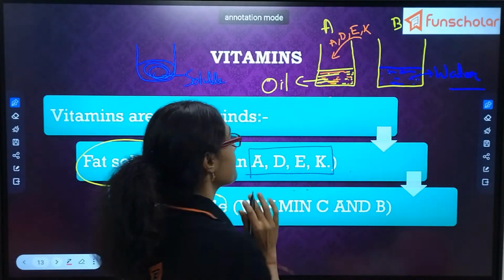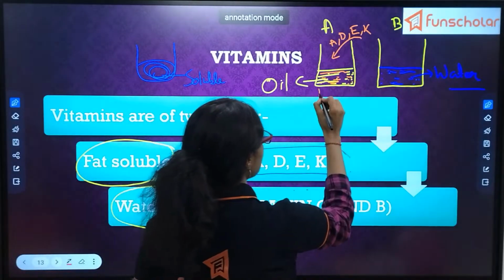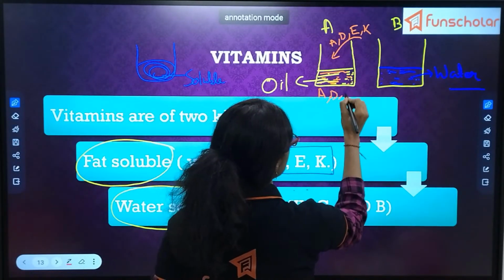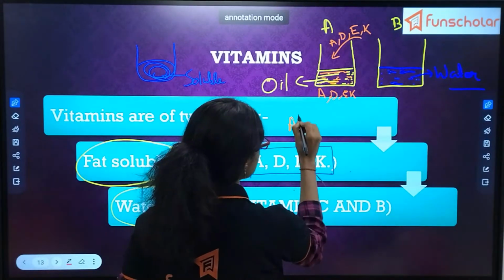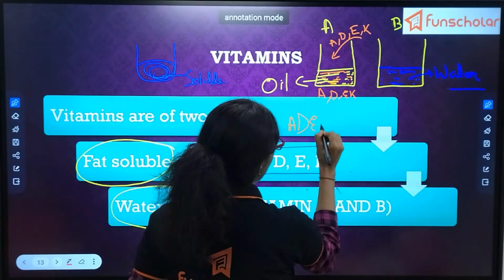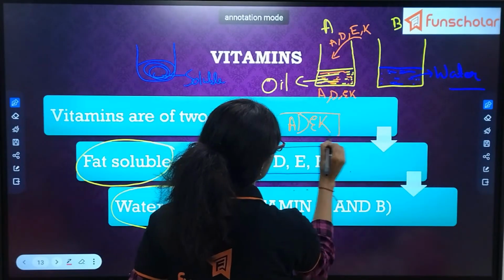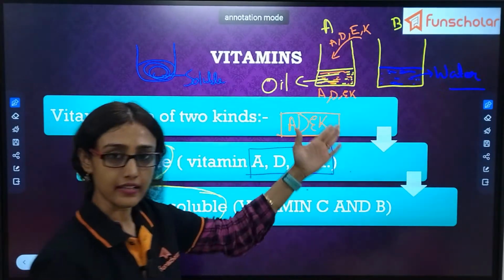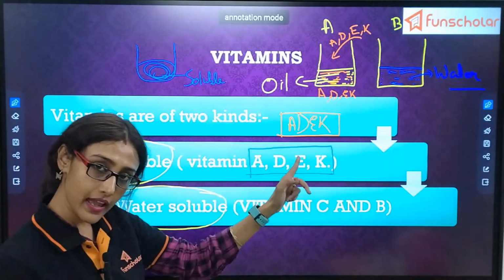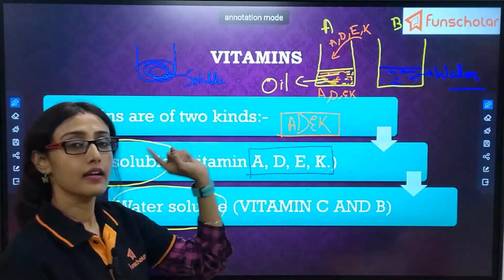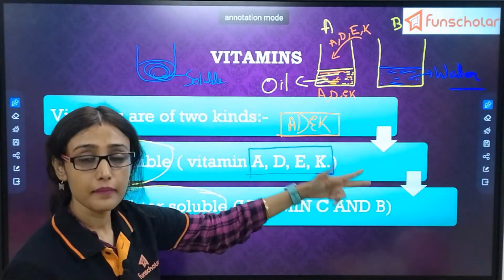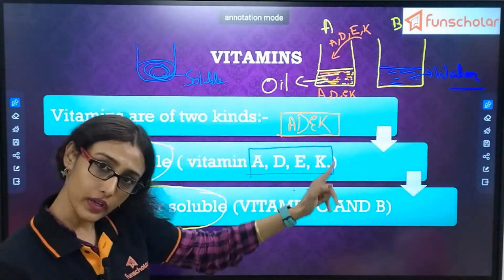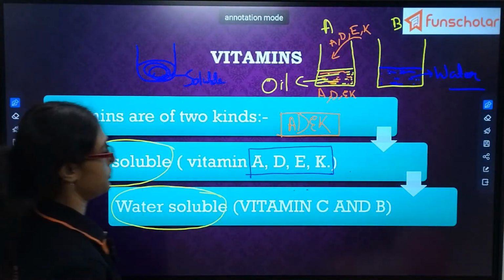So, oil or fat soluble vitamins will be A, D, E, K. What is the trick to remember? You will just read the name as ADEK. A for vitamin A, D for vitamin D, E for vitamin E, and K for vitamin K. ADEK. Okay. Now water soluble.